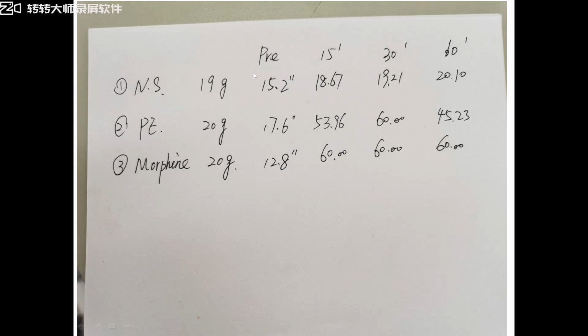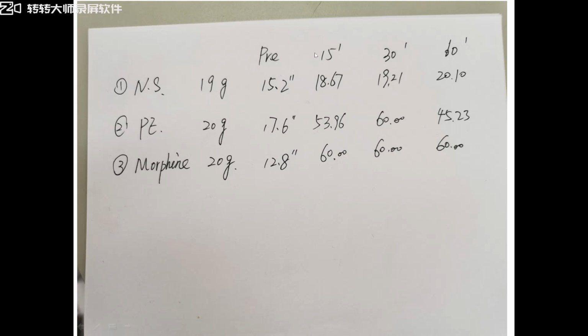The first one, we injected normal saline. Before injecting normal saline, the pain threshold was about 15 seconds. And 15 minutes later, it was prolonged to 18, at 30 minutes 19, at 60 minutes 20. Okay. And the second one, the tested drug, we injected PE. Before we injected PE, the pain threshold was about 17 seconds.